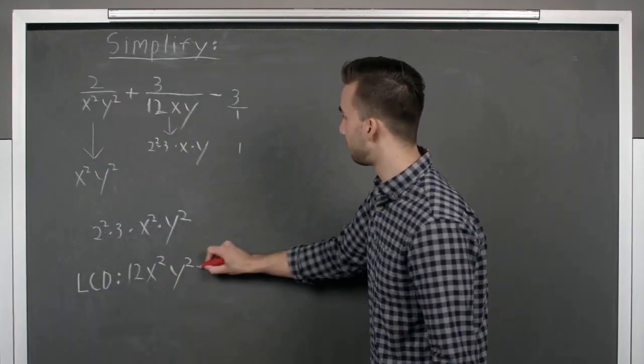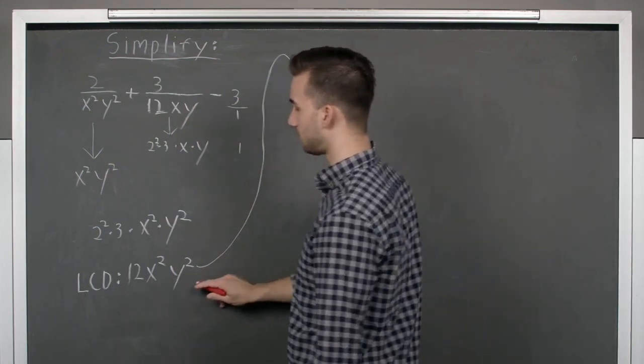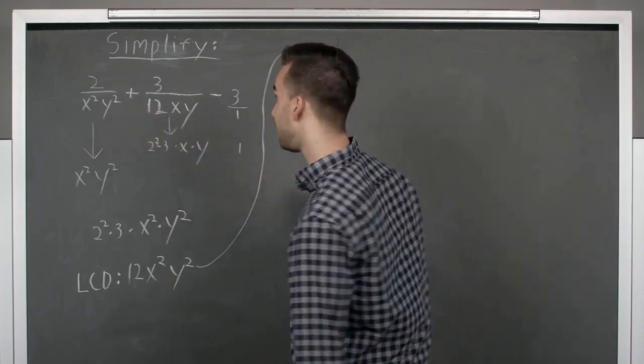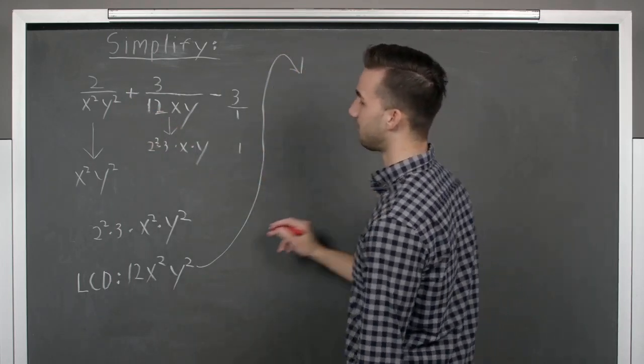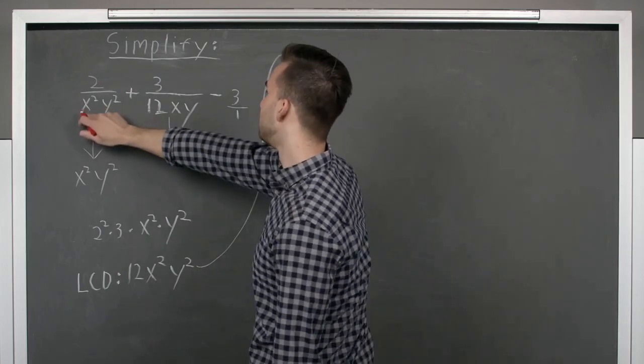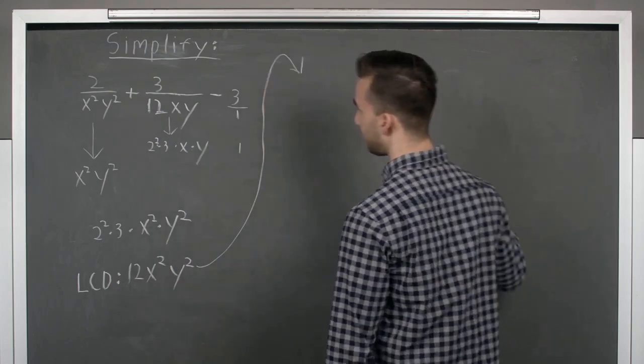Now we can bring this up here. Least common denominator. So we need to convert each fraction into one having the least common denominator. So what do we need to multiply 2 over x squared y squared by to get us something with the least common denominator?